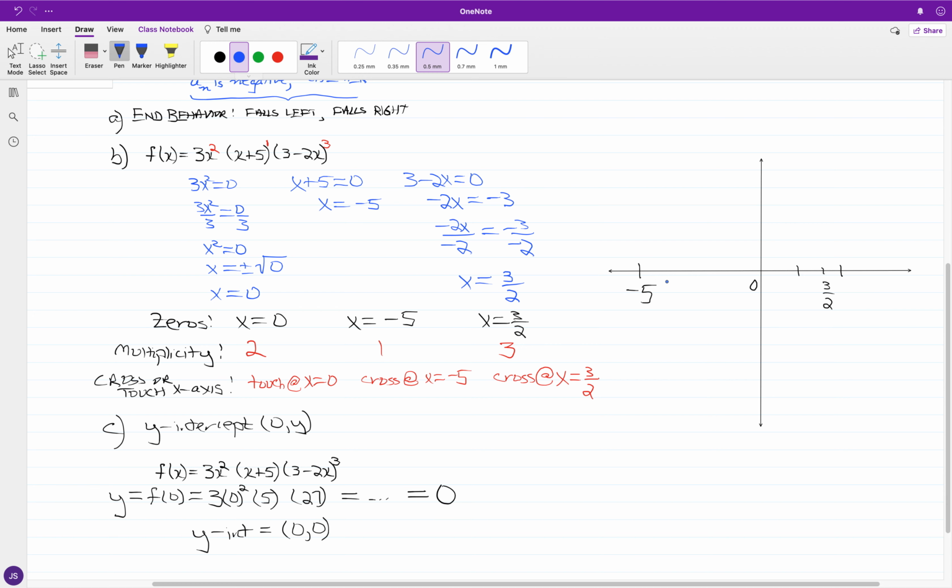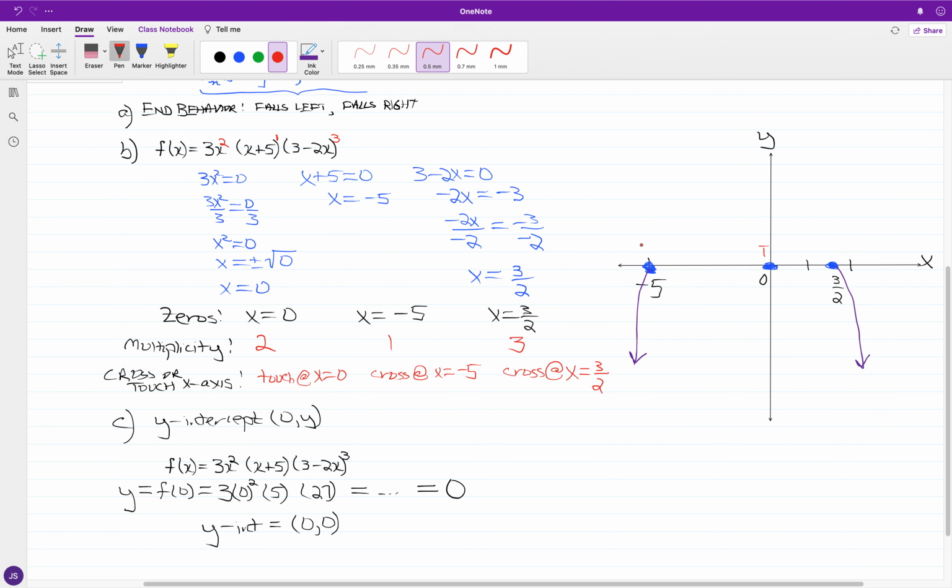Again, just putting in points here: -5, 0, and 3/2, which will be between 1 and 2. And for the end behavior, we have falling to the left and falling to the right. And along each zero, we touch at x equal to 0, cross at x equal to -5, and also cross at x equal to 3/2.